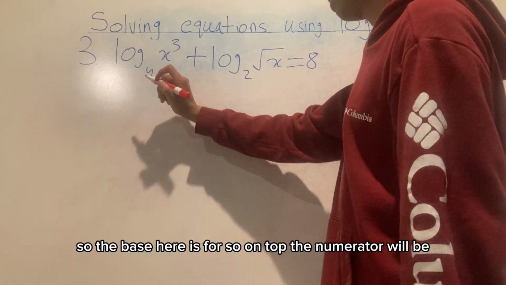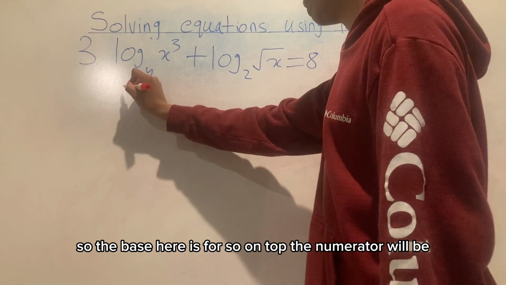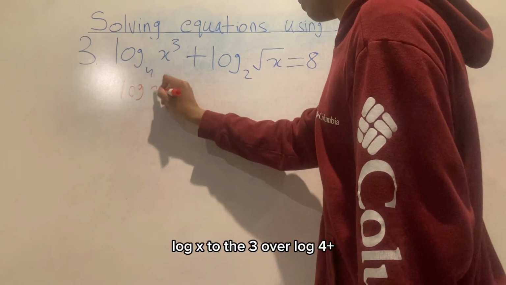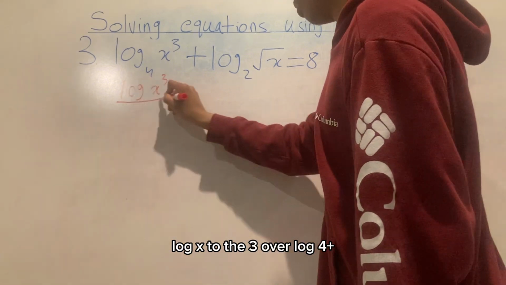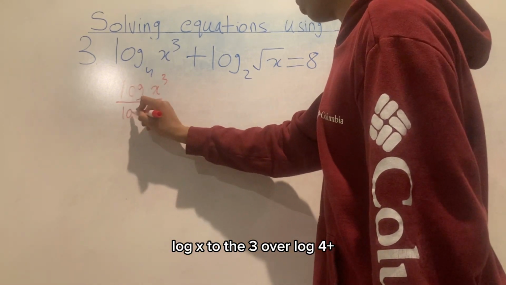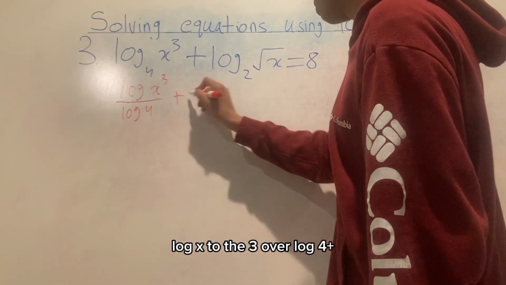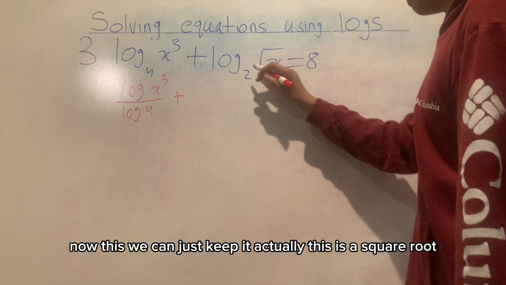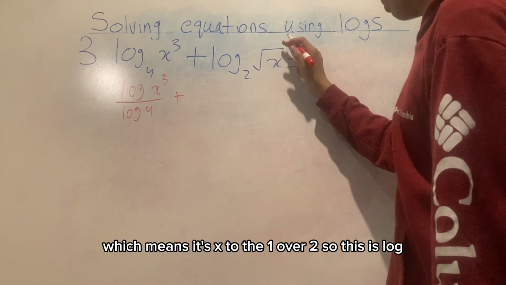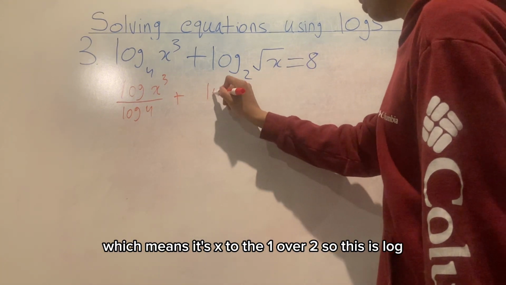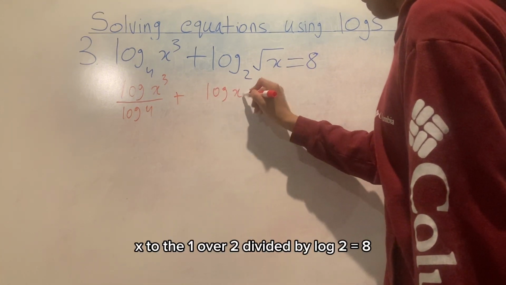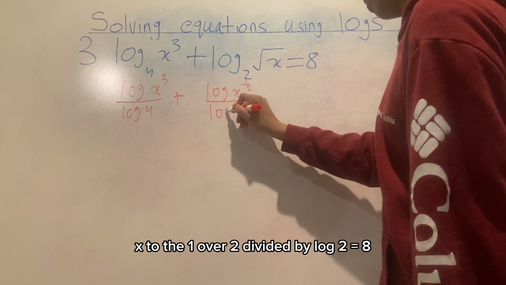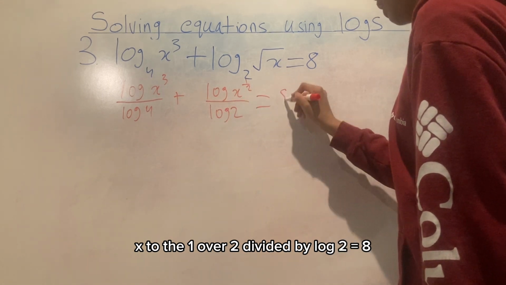The base here is 4, so on top the numerator will be log x to the 3 over log 4, plus, now this is a square root, which means it's x to the 1 over 2. So this is log x to the 1 over 2 divided by log 2 equals 8.